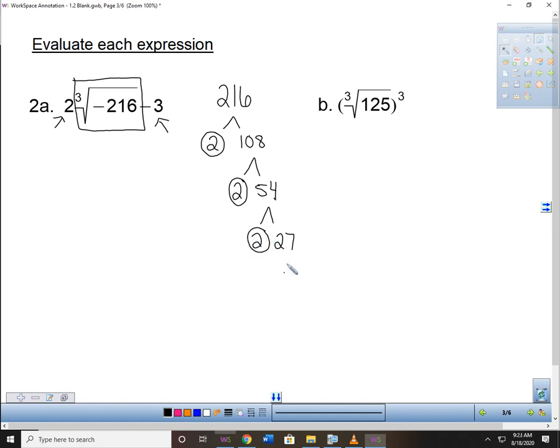All right, and 27 will divide by 3, so 3 and 9. And 9 divides by 3, so 3 and 3. So this time we don't have one number, we have 2 of them. So you have 3 of the 2s, so 2 to the third, and then you have 3 3s, so 3 to the third.